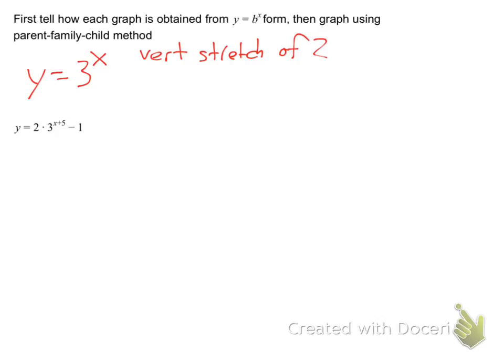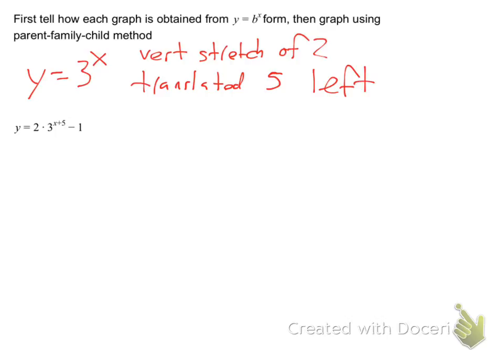Okay, now we move on to the next one. It says it's x plus 5. What value is that? That's an h value. So we know it's 5. That means I'm translating here. It's translated 5 which way? To the left.